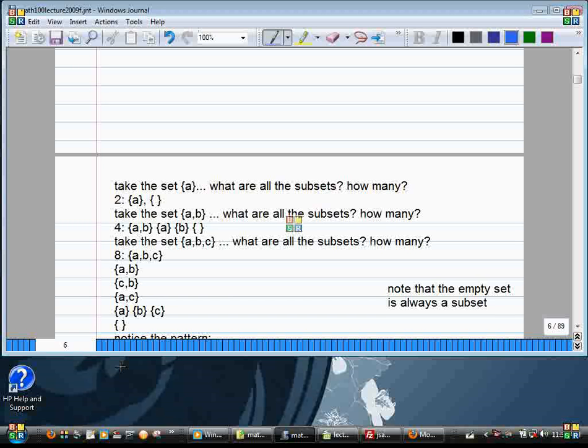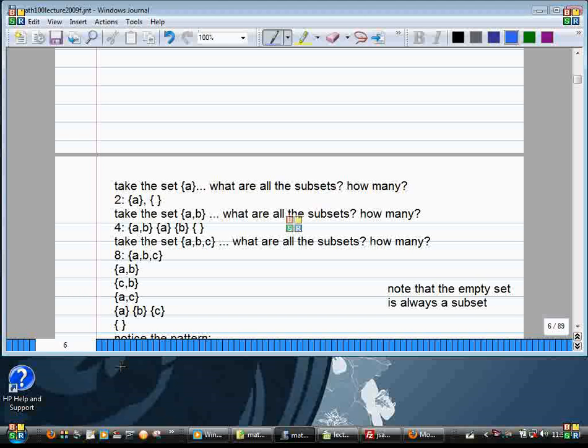Just multiply by 2. Every time you multiply by 2. So if I gave you a set with 4 elements, how many subsets are there? 16.